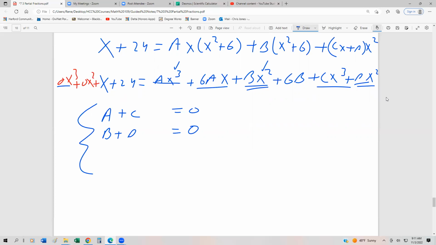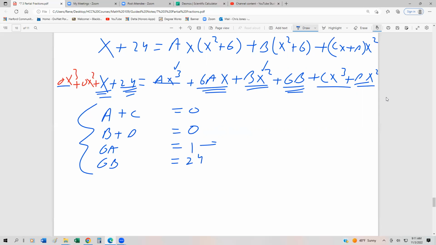Even easier, we have 6ax is equal to x. So we have that 6a is equal to 1. And then finally, we have this 6b is going to be equal to 24, because that's the constant that we have left. Right? So now we solve.